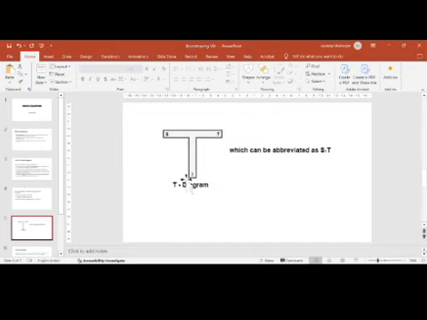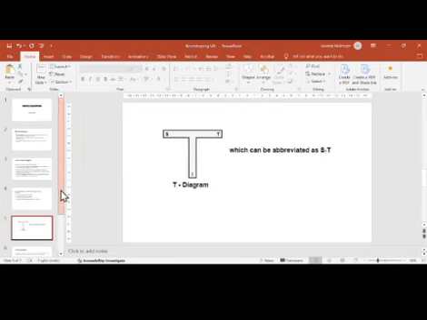So I will be replaced by C. Hope this is understandable, and this looks like a T structure, so it is called the T diagram.